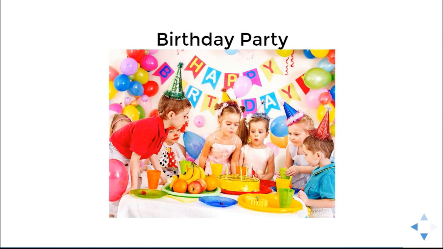It has all these things you would expect to see at a children's birthday party: cakes and drinks and a clown and party hats and balloons and streamers and a big happy birthday sign and blowing out the candles. And so these are schemas, what you would expect to see at a birthday party.